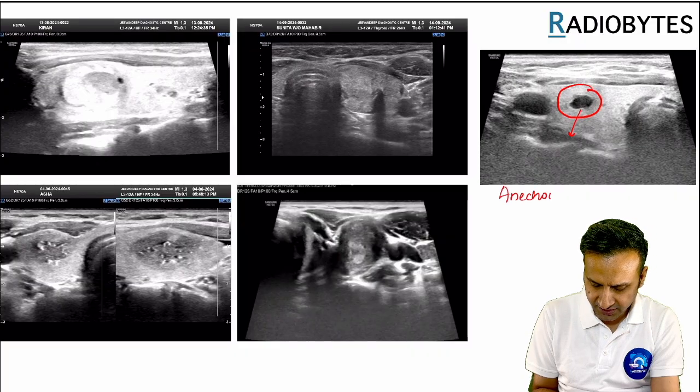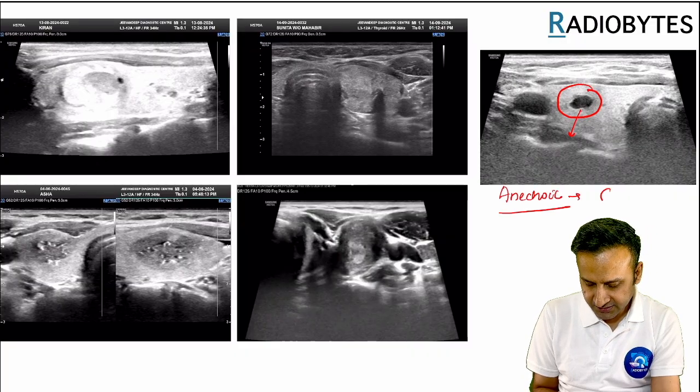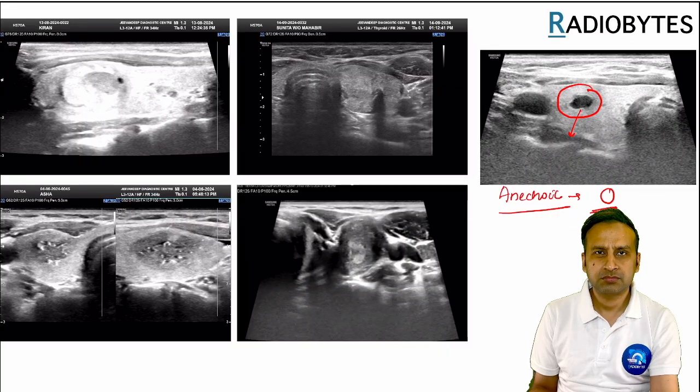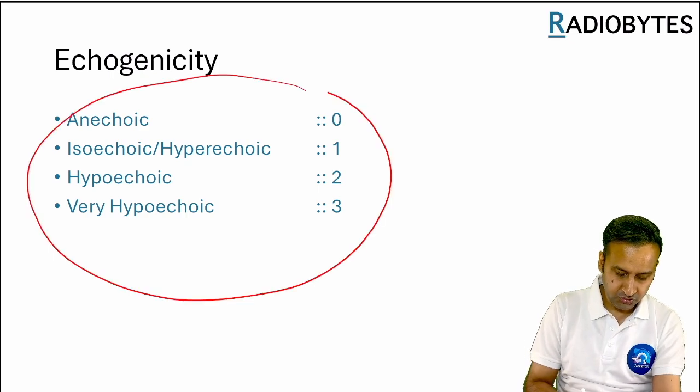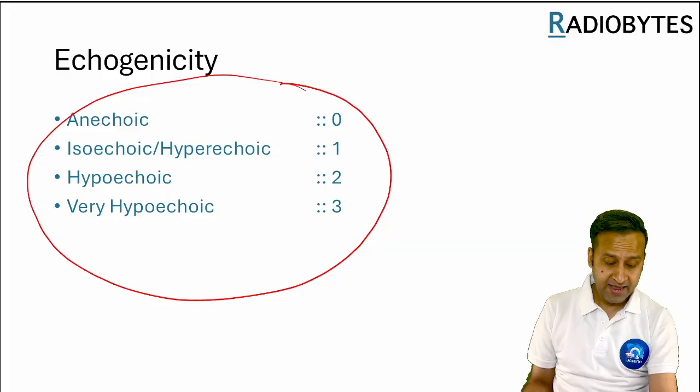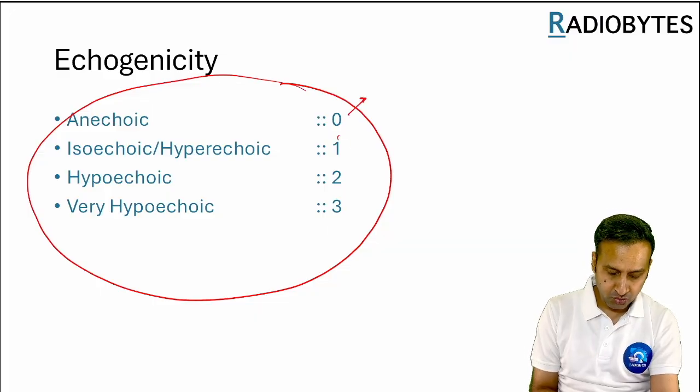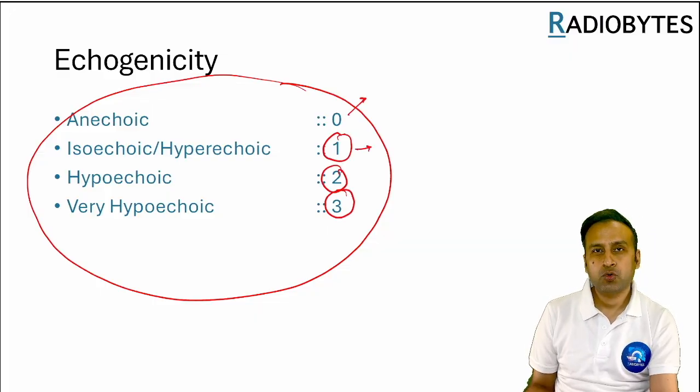We know all cysts are anechoic, and thus it was given a score of 0. It means it's given the least score. It is the least likely to be malignant. In short, this was the scoring given by TIRADS: anechoic would be given 0, iso to hyperechoic 1, hypoechoic 2, and very hypoechoic 3.